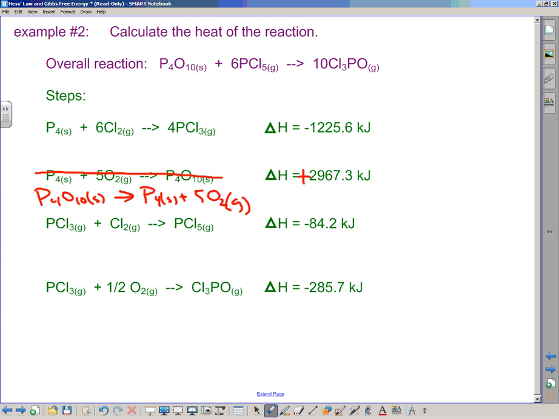So we're going to take that one and flip it as well. We now have PCl5 as a gas, gives us PCl3 as a gas, plus Cl2 as a gas. And that delta H will go from being negative to positive.